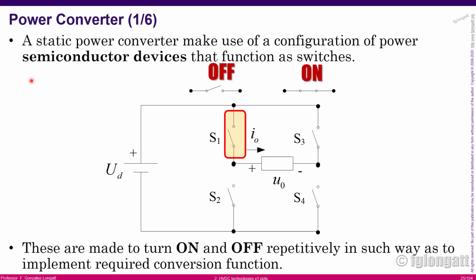Power converters receive that name because they are mainly converting power from one specification to another. In a minute I will show you the classification of power converters, and probably you will understand my explanation better.